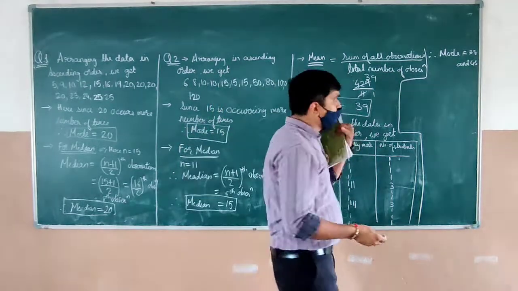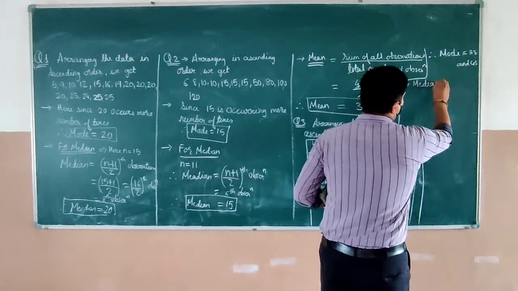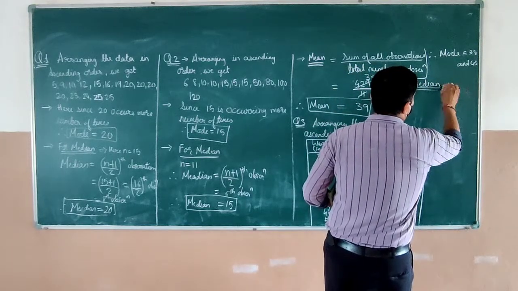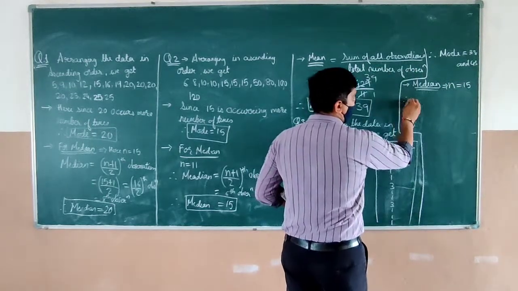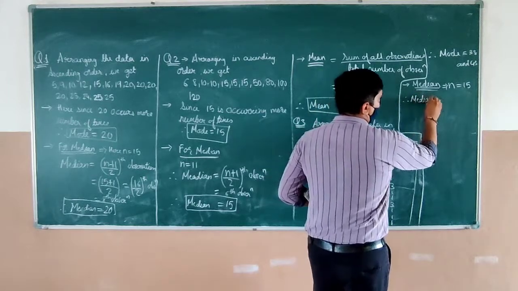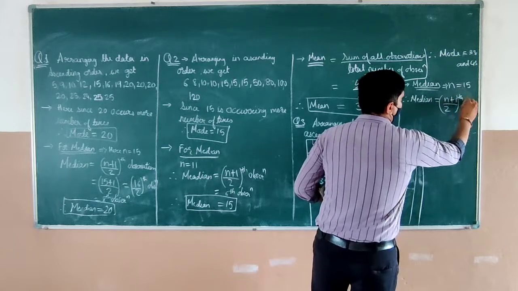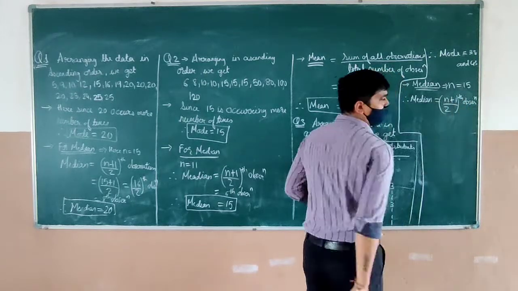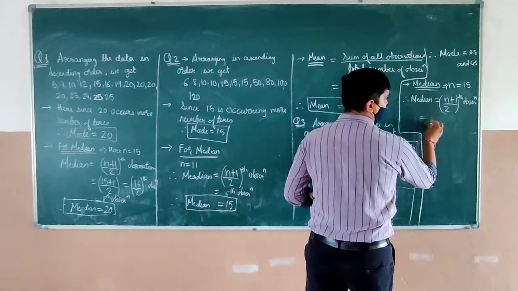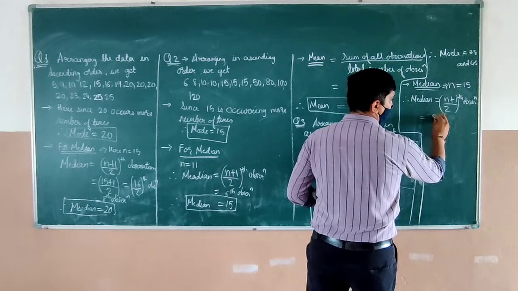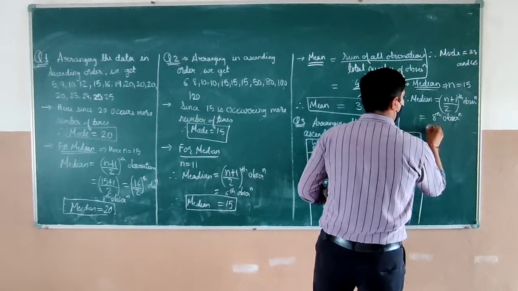Coming to median. N is equal to 15. So the median is the (N plus 1) divided by 2 observation. 15 plus 1 is 16, 16 divided by 2 is 8. So it is the 8th observation.